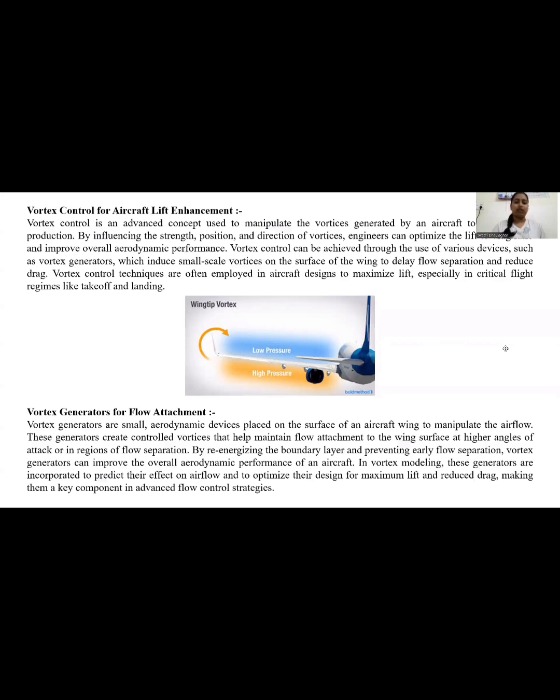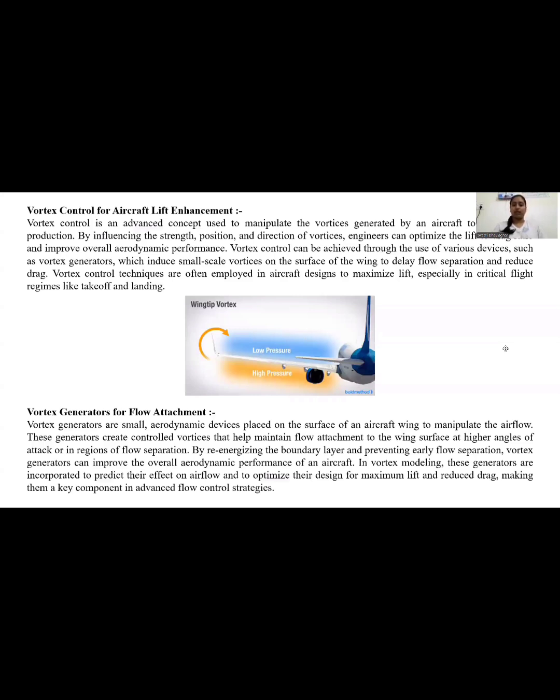Vortex generators for flow attachment. Vortex generators are small aerodynamic devices placed on the surface of an aircraft wing to manipulate the airflow. These generators create controlled vortices that help maintain flow attachment to the wing surface at higher angles of attack or in the region of flow separation. By re-energizing the boundary layer and preventing early flow separation, vortex generators can improve the overall aerodynamic performance of an aircraft.